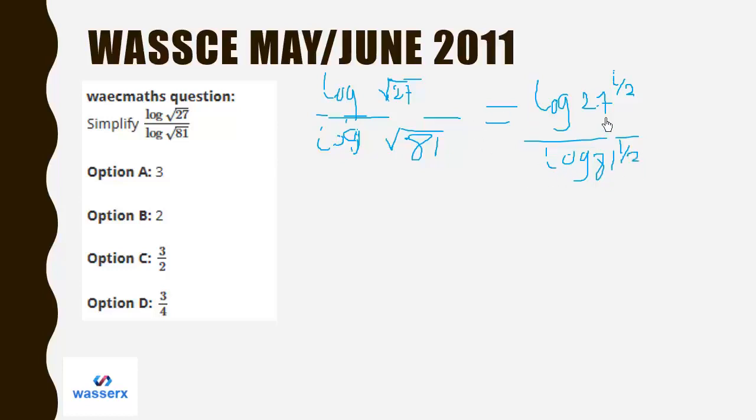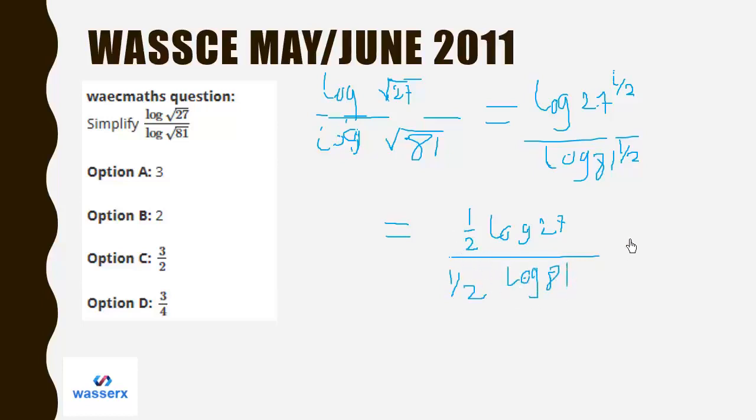Now note that this is in base 10 because the base is not written, so it is in base 10. Now this will be equal to 1 over 2 log 27 all over 1 over 2 log 81.